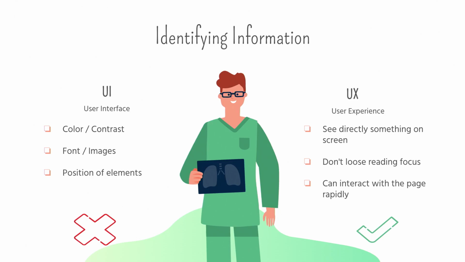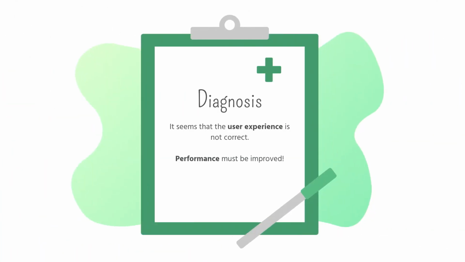So now the diagnosis is made, and the user experience is not correct, and all the performance of your application must be improved. But there is a big question. How can we improve something if we have no metrics for that?